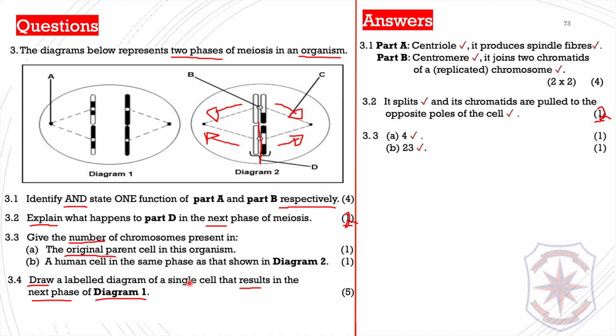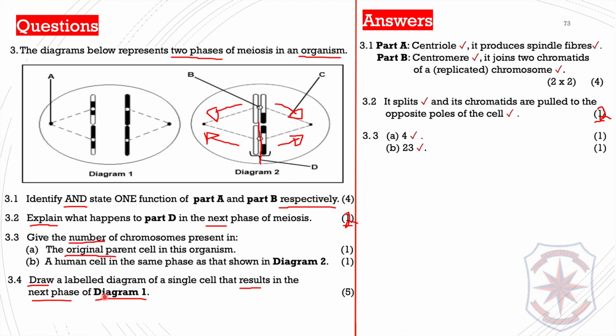Now, what is our heading supposed to be? Your heading will not be a labeled diagram of a single cell that results in the next phase of diagram 1. That is too vague, guys. That is too vague. Right? We are supposed to draw a single cell after telophase 2.